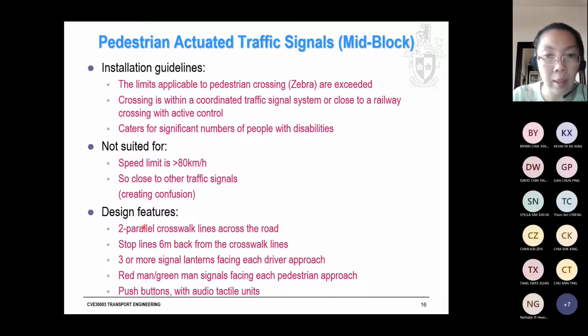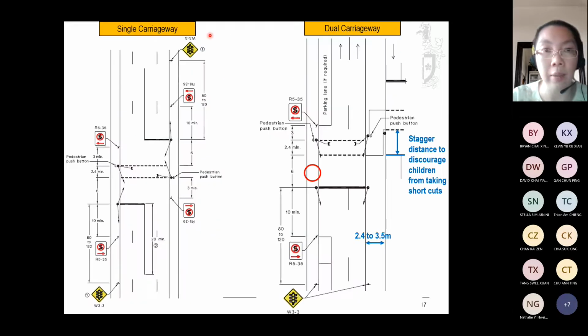Okay, so design features: single carriageway, and if you have a dual carriageway. So let's look at single carriageway. This single carriageway is 4-lane two-way, so two lanes go in this direction and two lanes come in this direction.